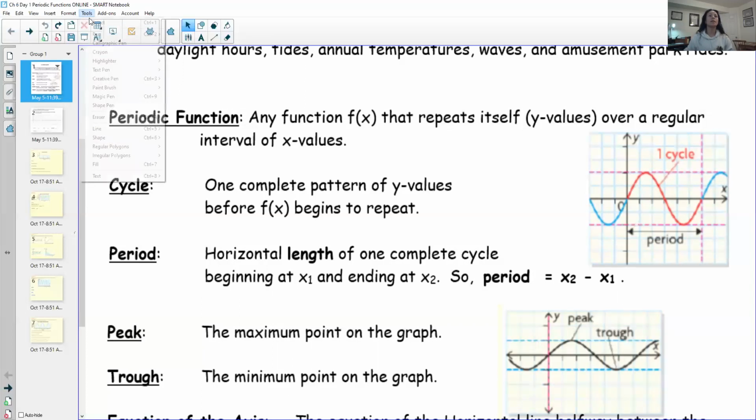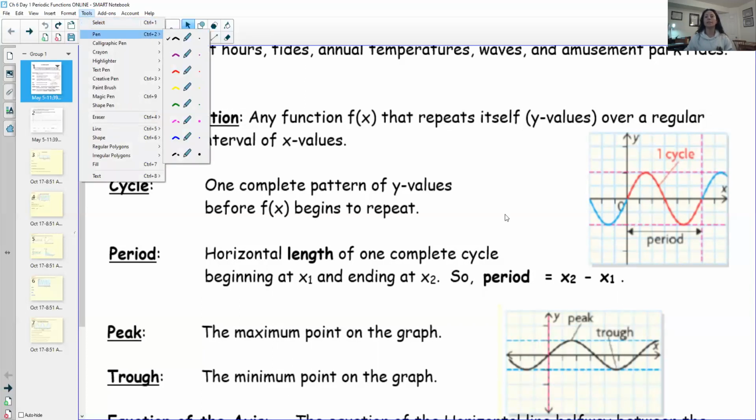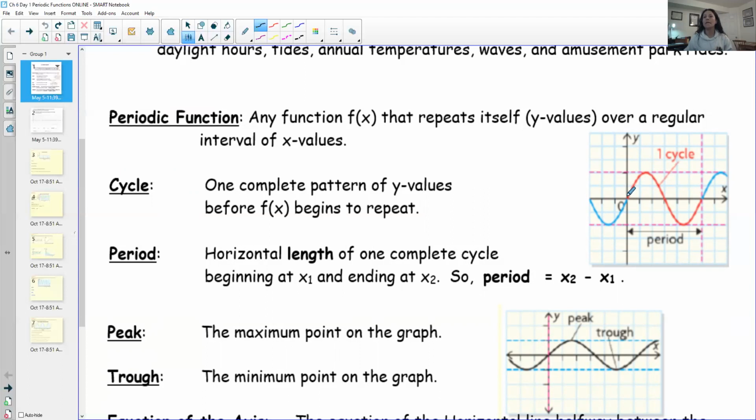So let me just click on my pen tool so you can clearly see the repetitive pattern. It's outlined here in red, okay? And that would be the cycle of your periodic function. So if I were to start here and go up and down and up, when I get to this point, if I were to continue this graph, I would again see the up, down, and up pattern. And you would get kind of like a zigzag all the way through if you continued it long enough. Okay, so this is the cycle.